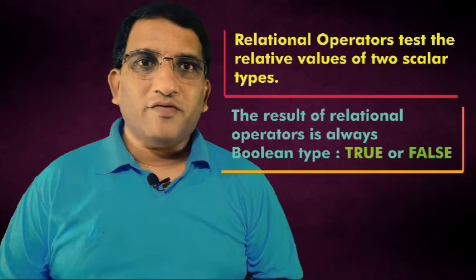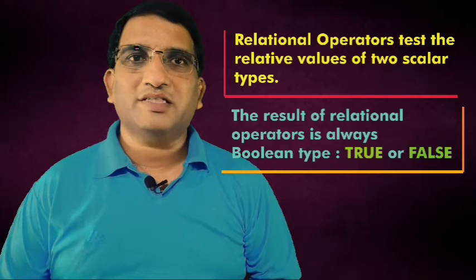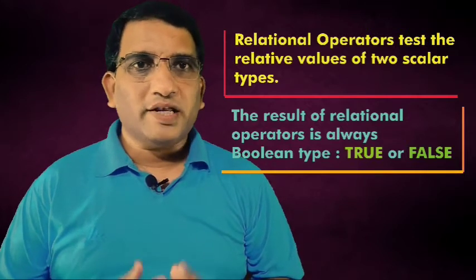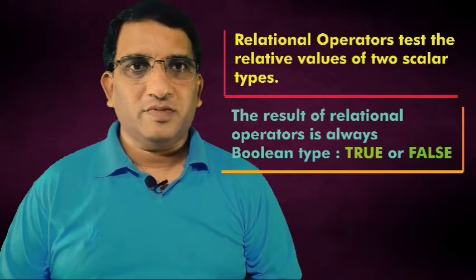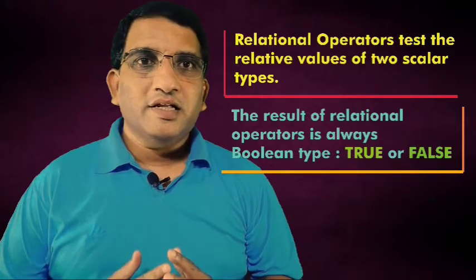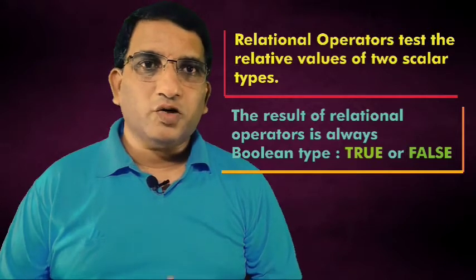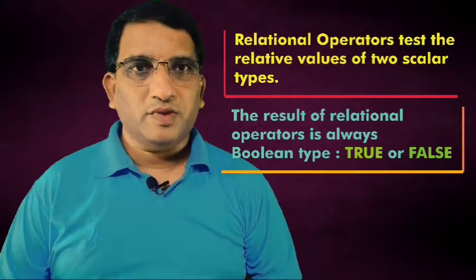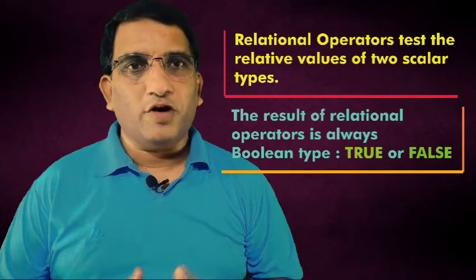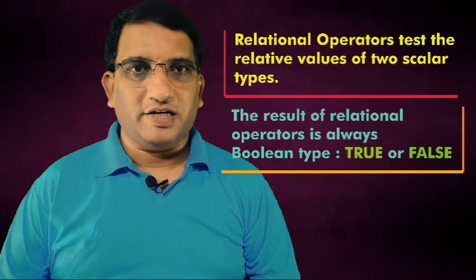The result of these relational operators, they are always the Boolean type. Whatever the type of data, your result will always be in the Boolean form. The result will always be either a true or false value. Other than true or false value, you will not get any other type of result.